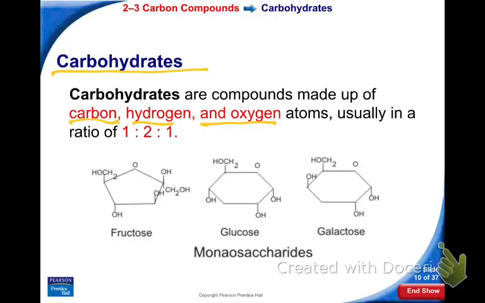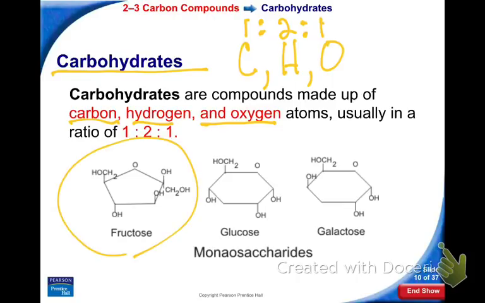If you can remember what the symbols are for these, you can abbreviate C, H, and O. Now, the important thing you can write right underneath it is that carbon, hydrogen, and oxygen is found in a 1 to 2 to 1 ratio in these molecules. So if I counted up how many carbons, hydrogens, and oxygens, I would always have twice as many hydrogens as I do carbons and oxygens.